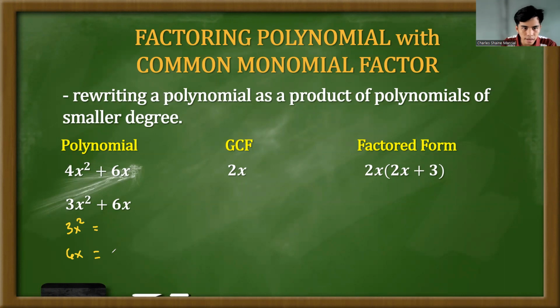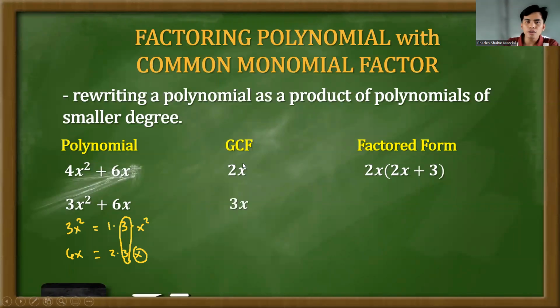So itong 6x, alam na natin kanina, we have 2 times 3 times x. Itong 3x squared, 1 times 3 times x squared. So ito yung magkaparehas lang nila. And ito naman yung pinakamababa. So yung GCF na natin is 3x.